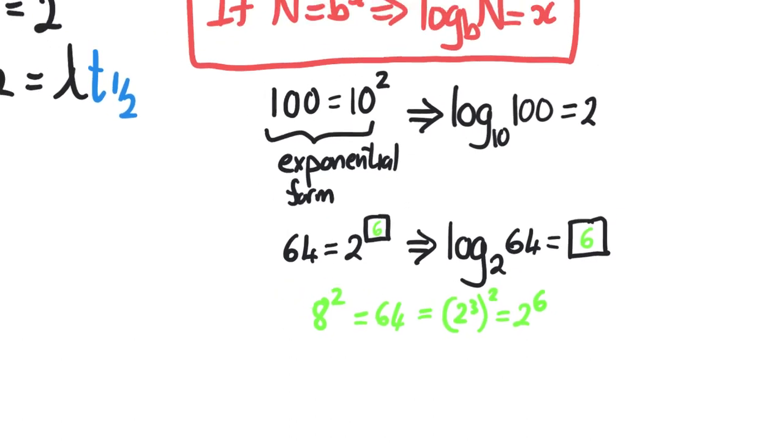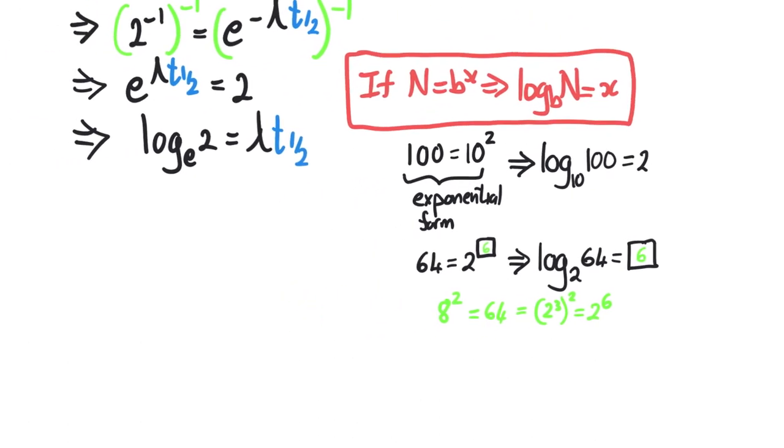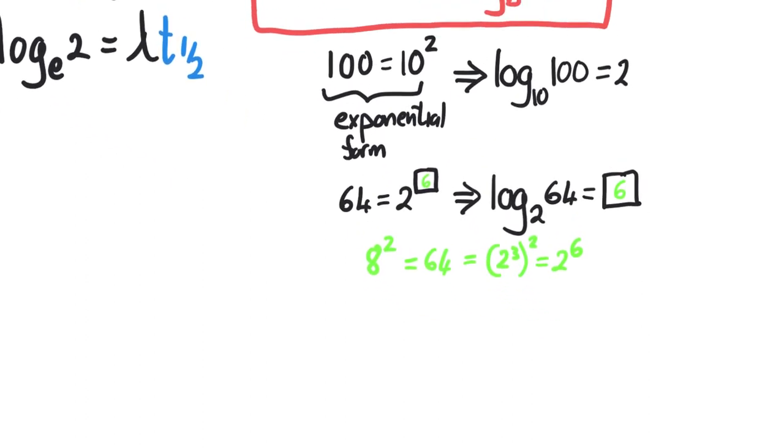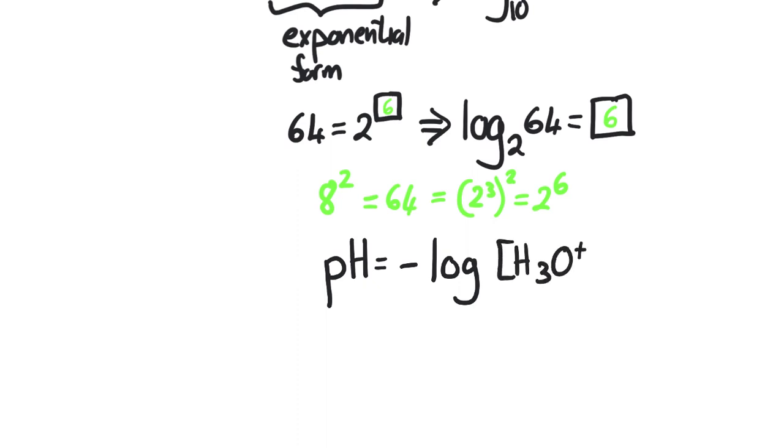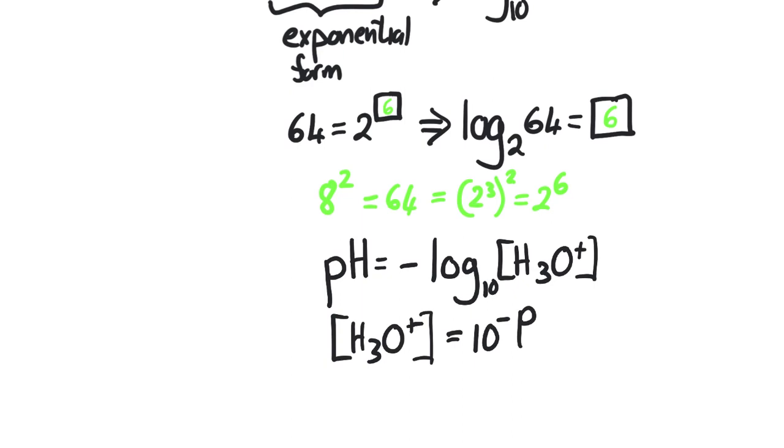And it's interesting that when you do pH, for instance, in chemistry, the pH, and I will write it down here, I know this is a physics course, but I think most of us know pH. The pH of a solution is the negative logarithm of the hydronium ion concentration to the base 10, which means that the concentration of hydronium ions in a solution is 10 to the negative of the pH.